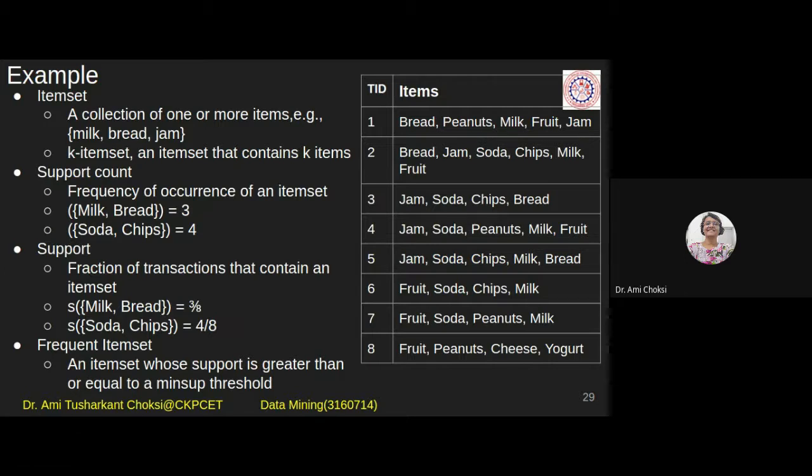So always we should consider that only. If the minimum support is given, then you should check whether support is greater than or equal to minimum support. But if the minimum support count is given, then you should check whether support count is greater than or equal to minimum support count. Right? So read properly what is given in the problem statement and then work accordingly.